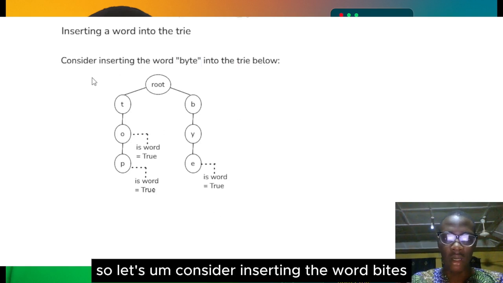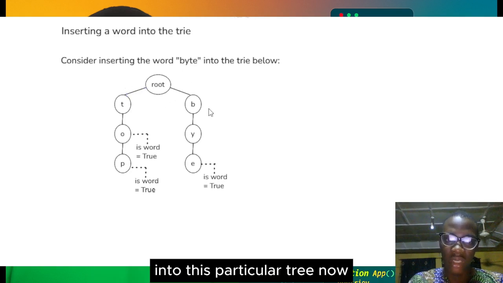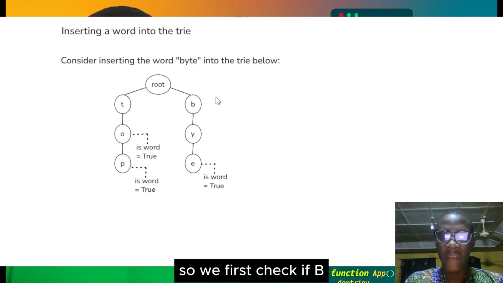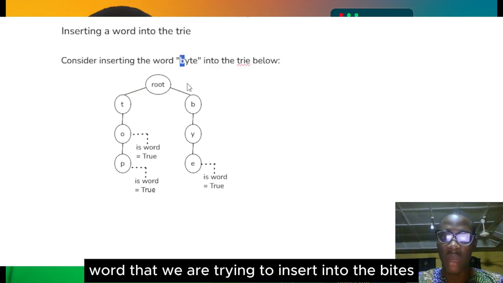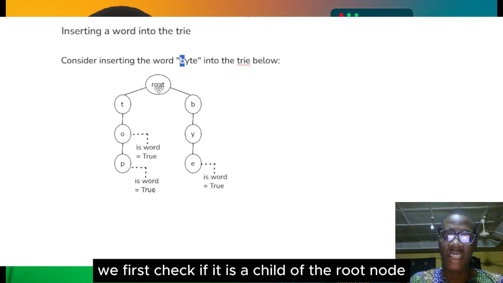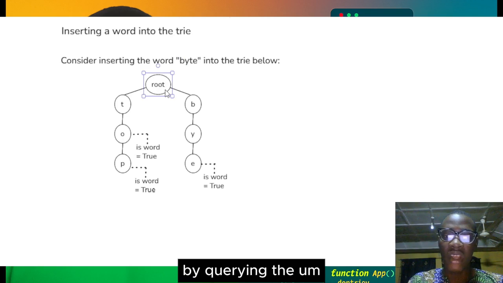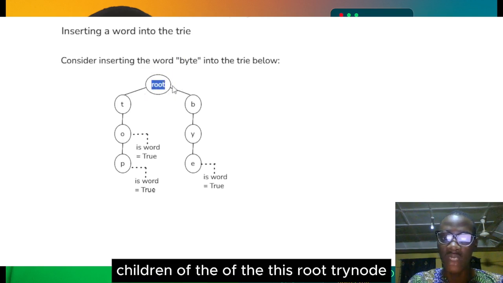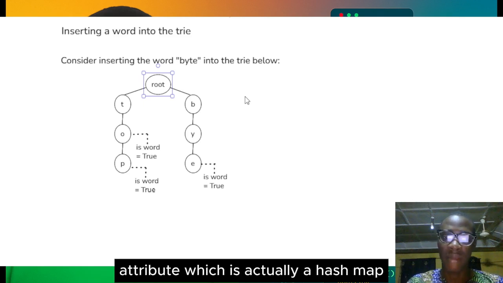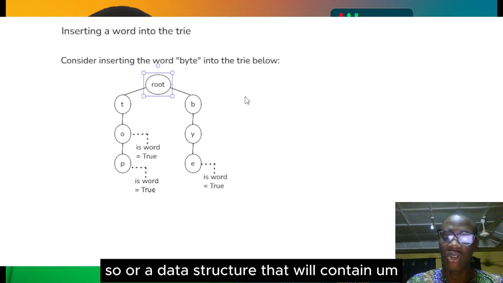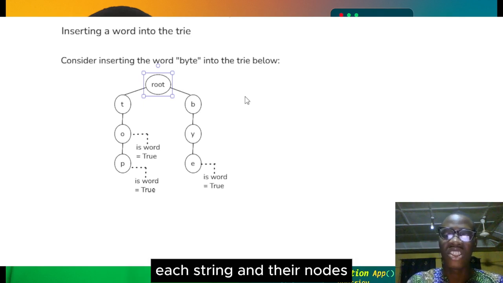So let's consider inserting the word bytes into this particular trie now. We first check if B, which is the first letter of the word we're trying to insert, is a child of the root node by querying the children of this root trie node. Don't forget that each trie node will have a children attribute, which is actually a hash map, a data structure that will contain each string and their node.